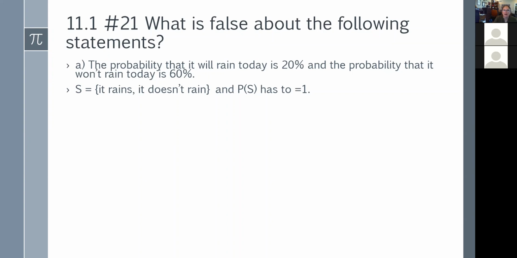Those are the 2 outcomes. And we know the probability of the sample space has to equal 1. So if we add up 20% and 60%, we're supposed to get 1. But 20% plus 60% equals 80%, which is not 1.